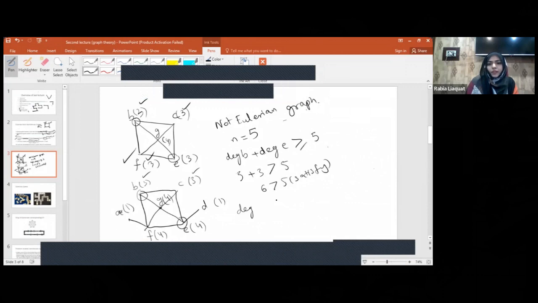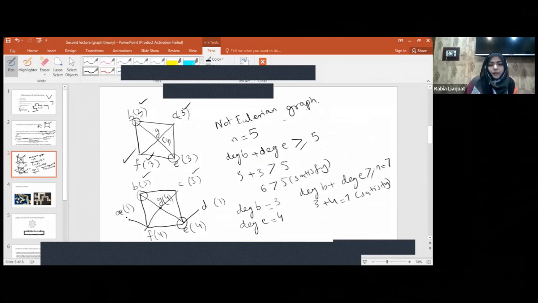The degree of B is 3. The degree of E is 4. So the degree of B plus the degree of E should be greater than or equal to n. What is n? How many vertices? 1, 2, 3, 4, 5, 6, 7. Three plus 4 is 7. Satisfied. Let me choose another one.